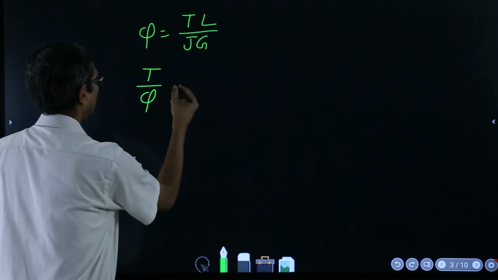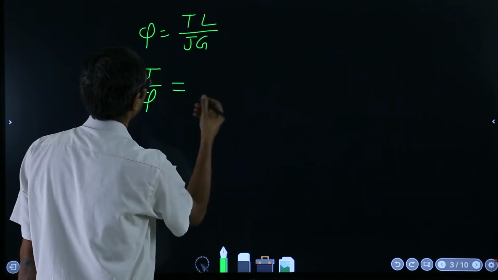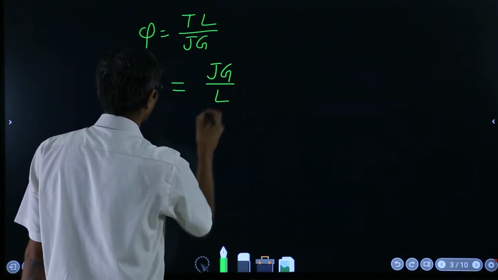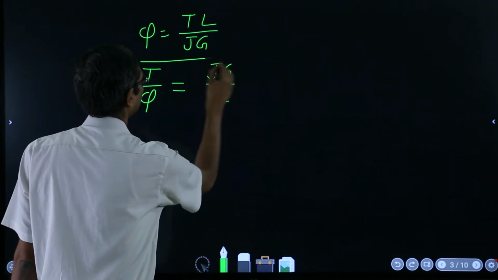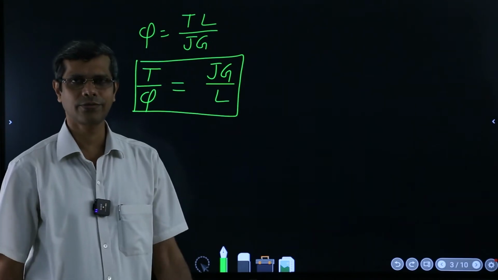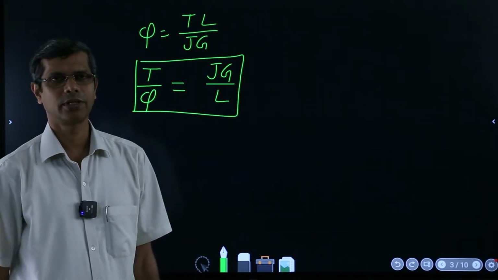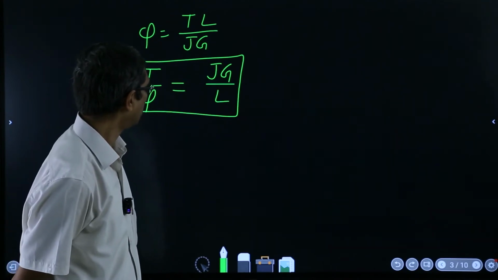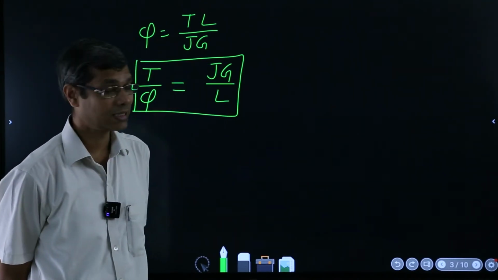So this value, if you calculate from this, is JG over L. So you can think of this as the stiffness of a given shaft with polar moment of inertia J, shear modulus G and length L.